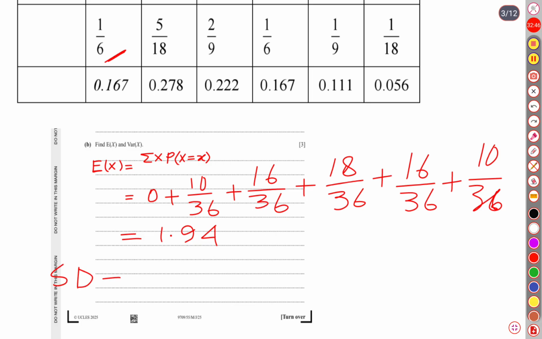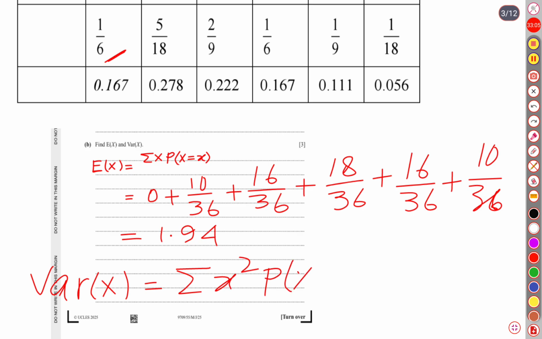Now we will find the variance, since they have told us to find the variance, not the standard deviation. The formula for variance of X is the sum of X squared into each probability, minus the mean squared.